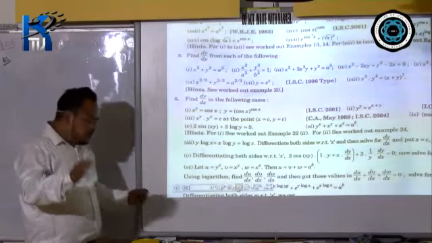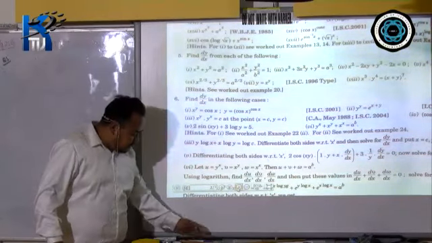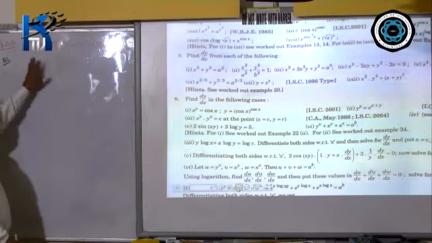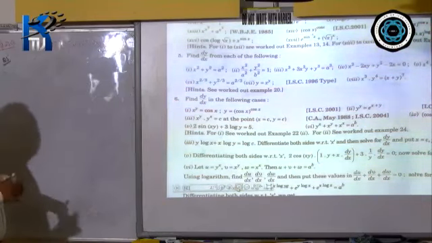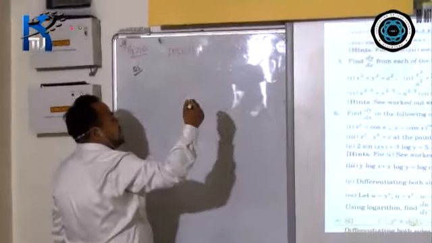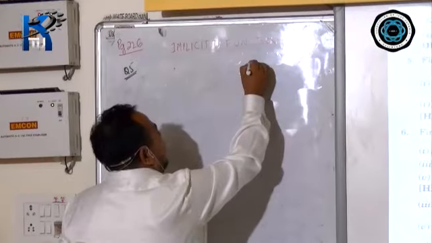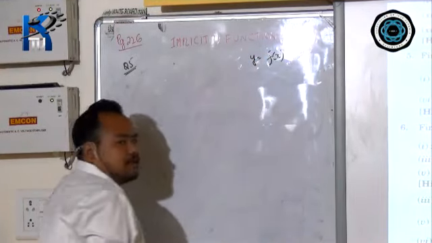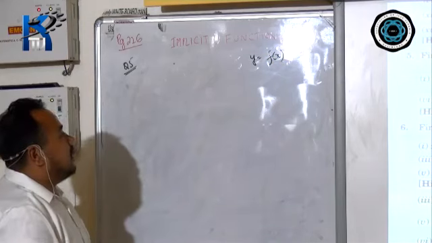Based on this concept, let me explain how you are going to differentiate an implicit function. Implicit, like I've already explained explicit. What was an explicit function? A function of the form y equal to f of x.